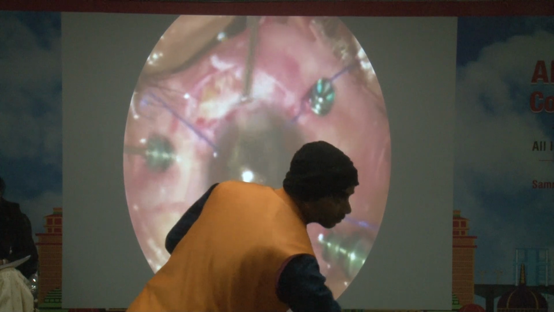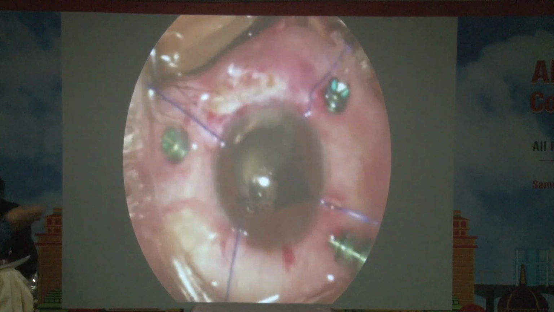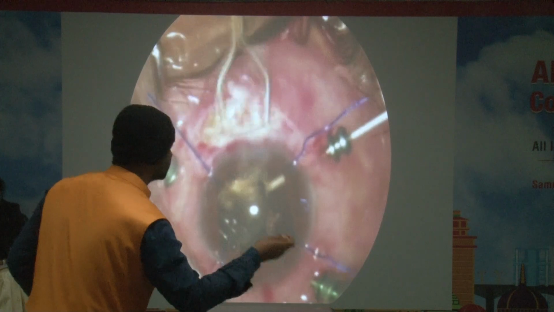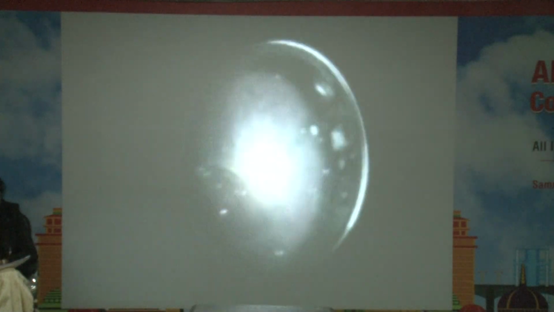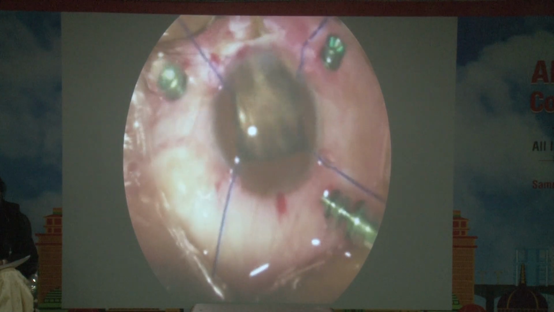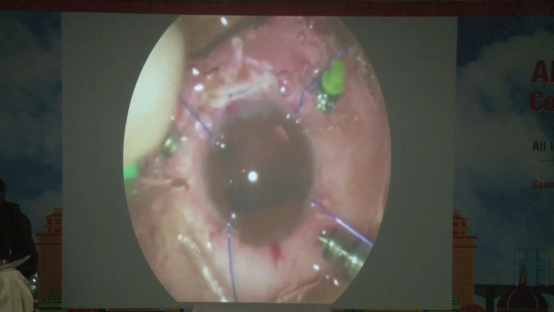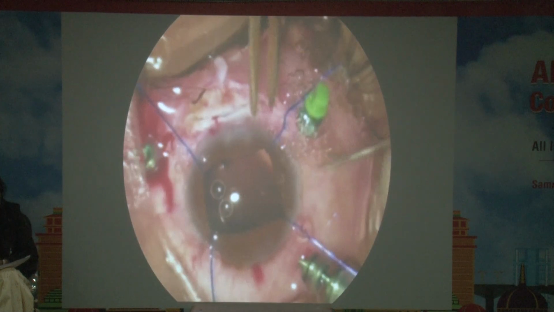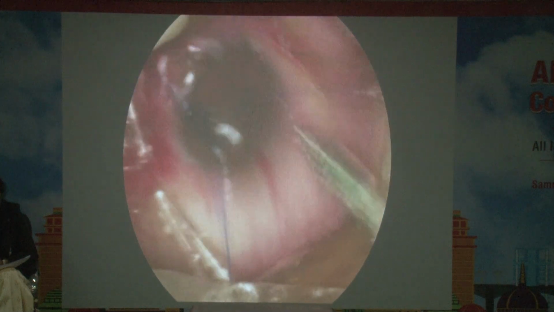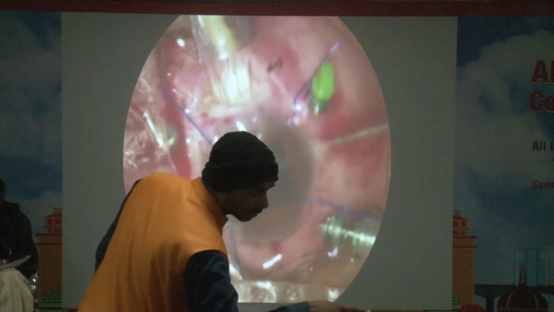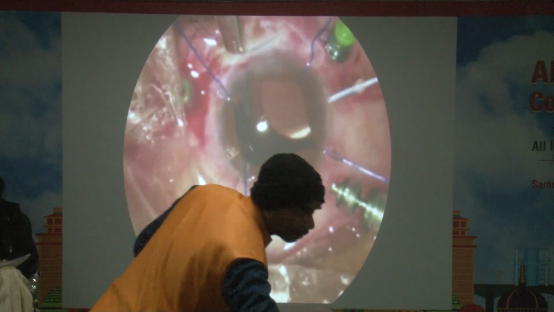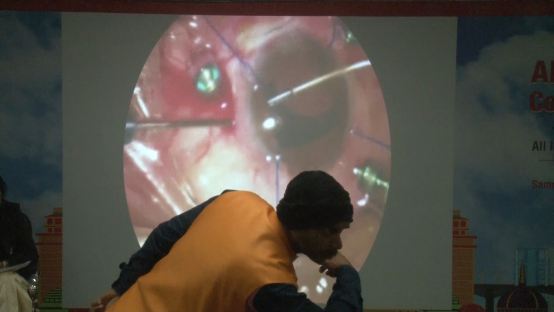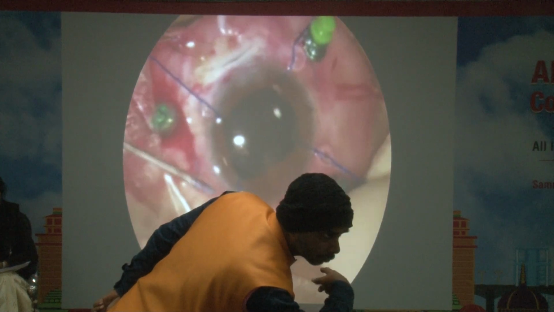So this is what I did, snared the large nucleus, made it into two halves, and you can see how big even that half is. And then, that was the main trick of snaring the black nucleus, and the rest is all routine, putting in your intrascleral fixation of the 3-piece intraocular lens.